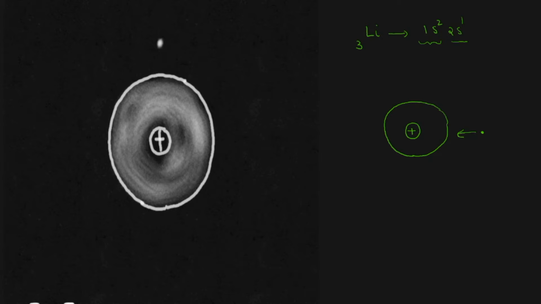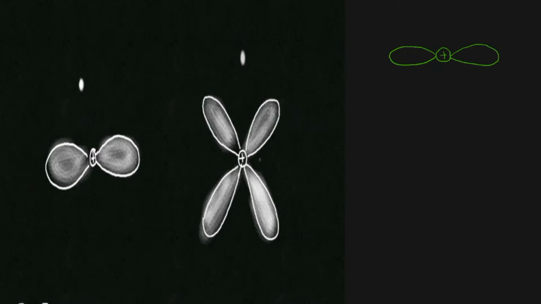Got the idea? Now, imagine the inner electrons are present in the p orbital and this is the valence electron. What will happen? What's the shape of p orbital? It has got a dumbbell shape. That means the probability of finding the electron near the vicinity of the nucleus is only in this much space.